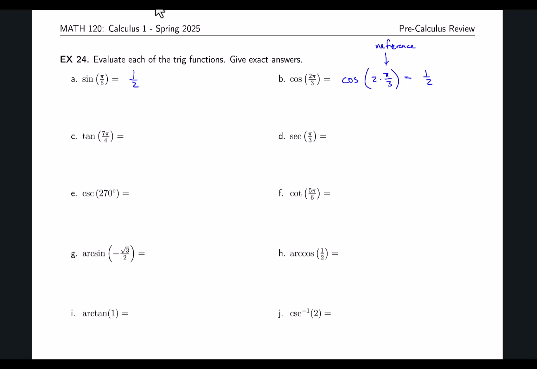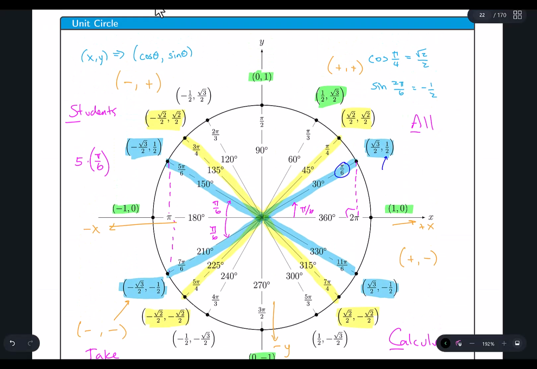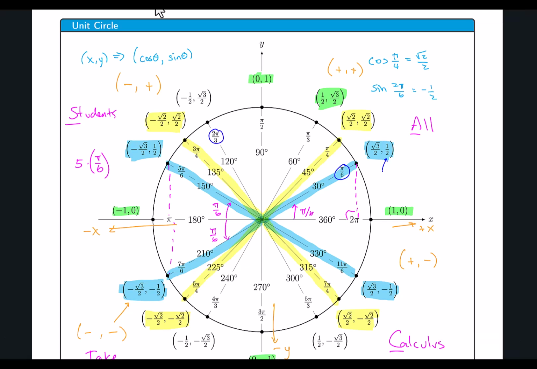The only thing it can be is in quadrant 2. All right, so then, all students take calculus. Sine values are positive in quadrant 2, so that means cosine is negative. So cosine 2 pi over 3 should be negative 1/2. And let's just check. All right, here's 2 pi over 3 in quadrant 2, just like we expected. Cosine is the y, or the x value. So there you go.